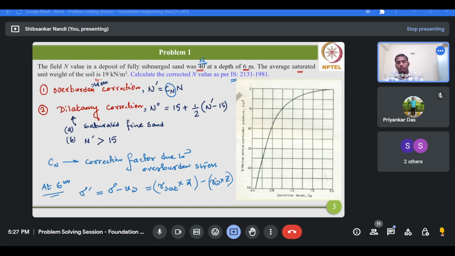Gamma sat is given as 19, Z is 6, gamma w you can take as 10, and Z is again 6.